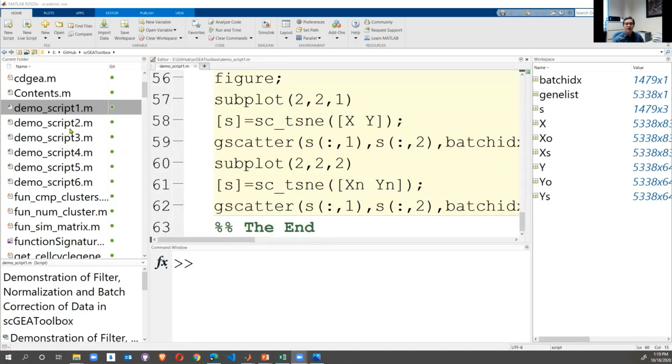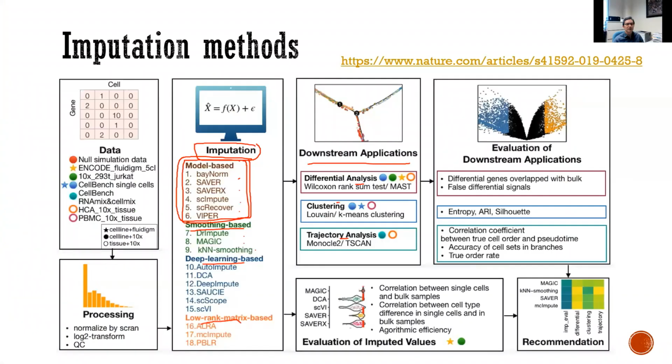And there are other scripts which will demonstrate how I'm going to do other downstream analysis. For example, next lecture, we are going to talk about visualization, dimension reduction. Okay, for now, let's go back to the slide.